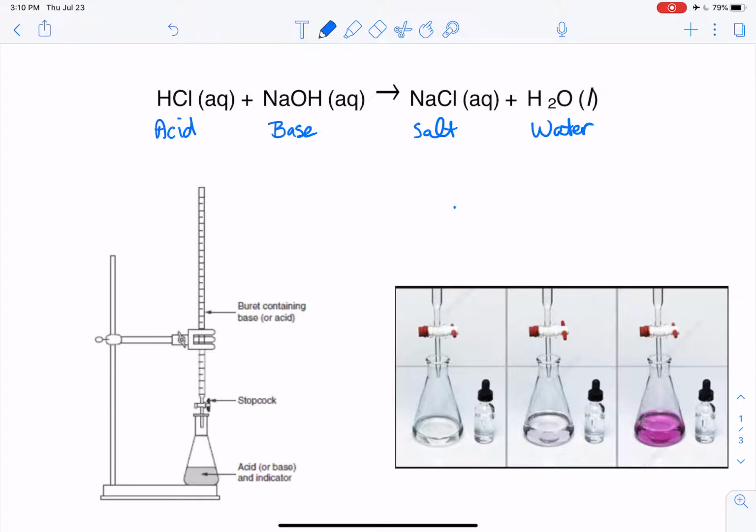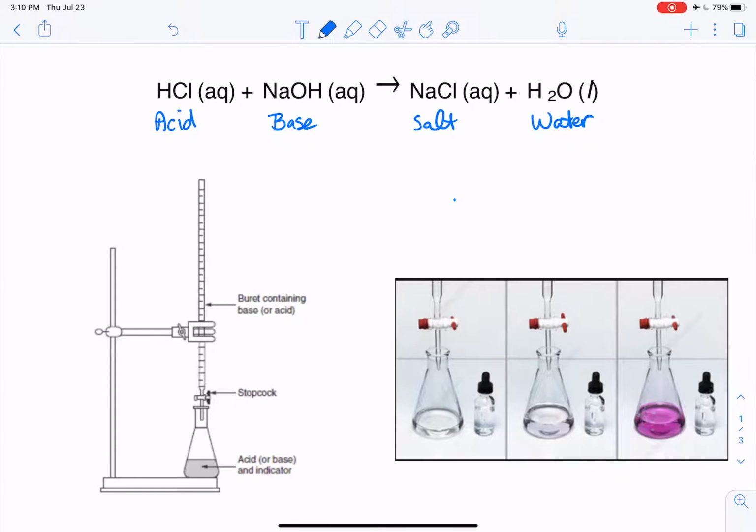So in a titration setup, we're going to have an Erlenmeyer flask down here. And usually in chemistry lab, we'll have an acid of unknown concentration. And then up here we have something called a burette.